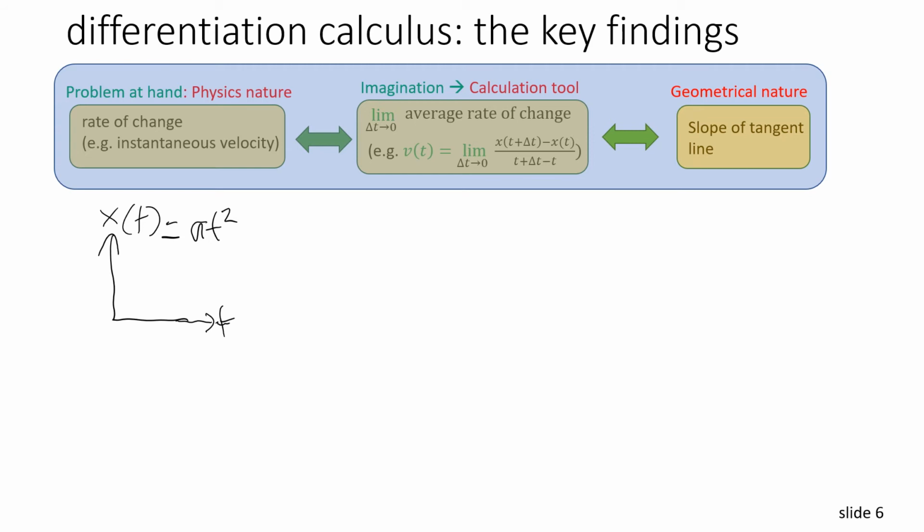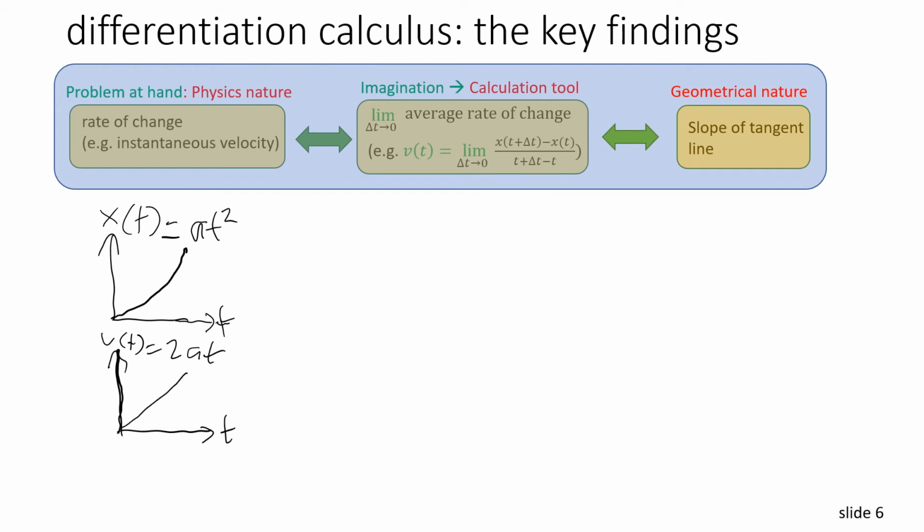Then we can graph out its corresponding velocity function, v of t, by finding the slopes. So first we have the x of t graph, and now we have v of t equals 2at.